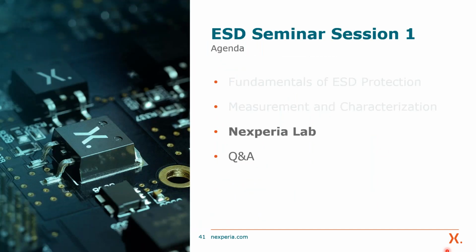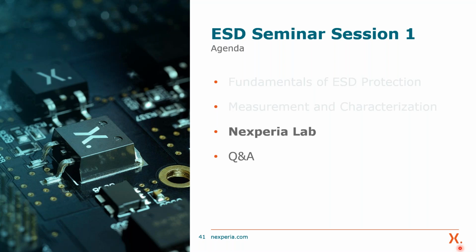Thank you, Jan. So again, to summarize, we discussed the fundamentals of ESD protection. What is an ESD event? What are the key points we have to focus on? We discussed the selection criteria, and then the most important measurements and characterizations.